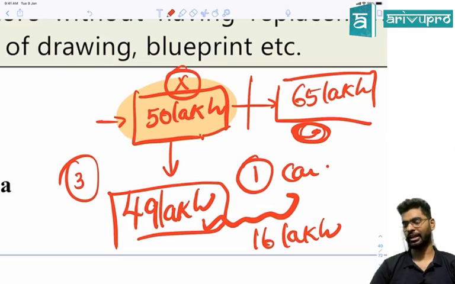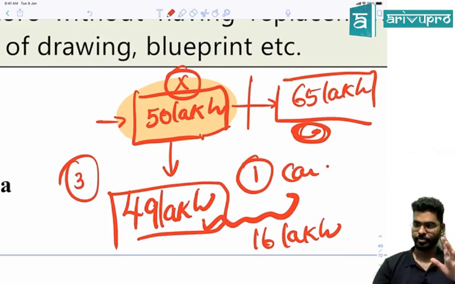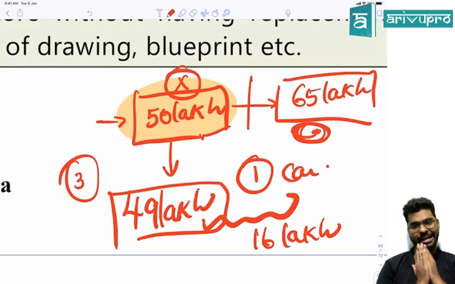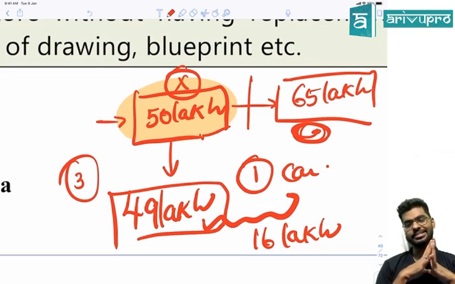What are you considering for taking your decision? Guys, thanks Pratham. If you have decided to buy a car of 65 lakhs, to decide how much money you want, did you take 50 lakhs into consideration or did you take 45 lakhs into consideration? 45 lakhs, right? That means whenever we are taking decisions, we do not consider historical cost, we only consider the realizable value. That is the concept.